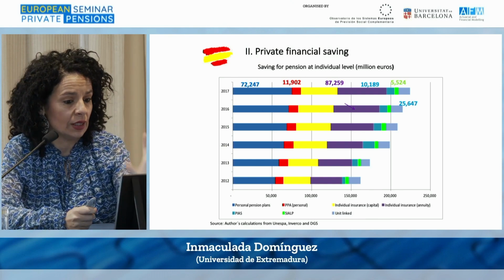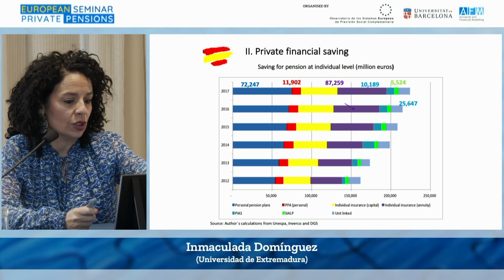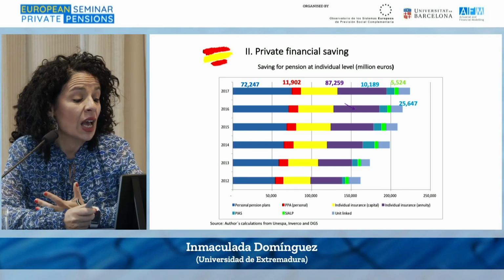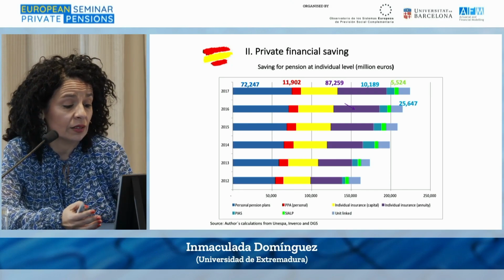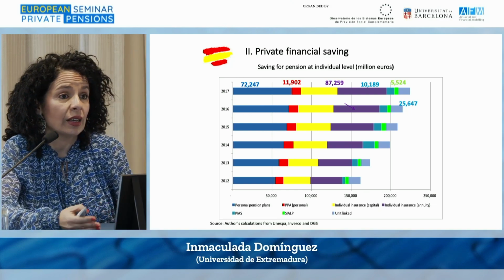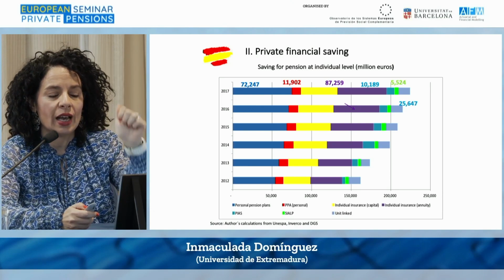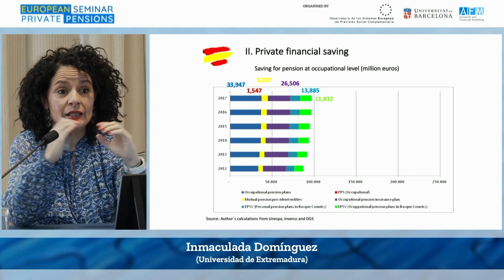The first idea of this graph is that the amount they save increases a little, and the most important amounts are the pension plan and the individual insurance for capital and for annuity.